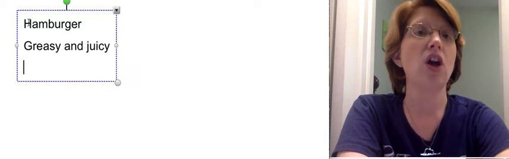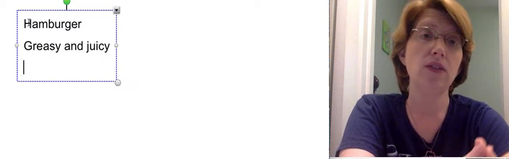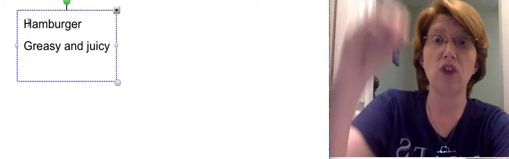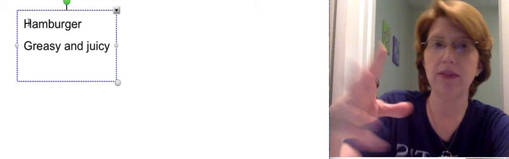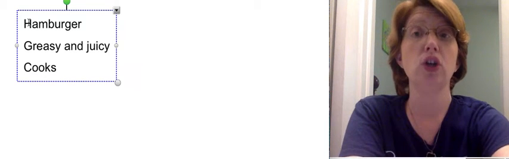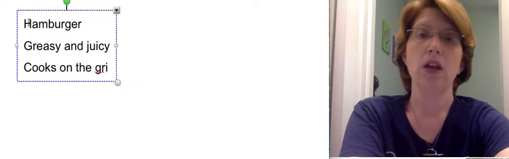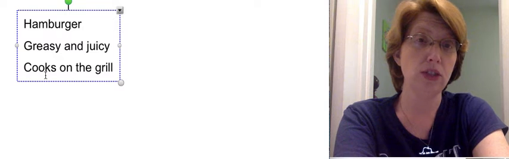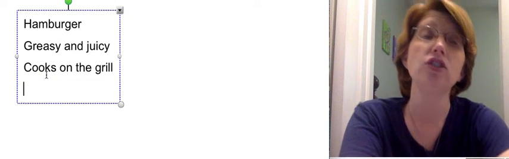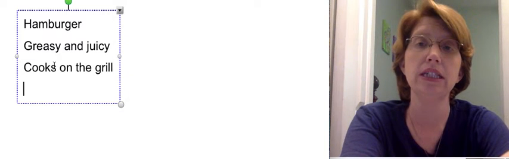Now this is hard because if you're choosing a noun that doesn't do anything, you have to, like the snow was falling, you have to think about what is the hamburger, what could be a verb coming out of the hamburger. So what I did was I put cooks on the grill. So see, there's our prepositional phrase. My verb is cook. So now I have to choose two words that talk about how it cooks, because this is my verb.